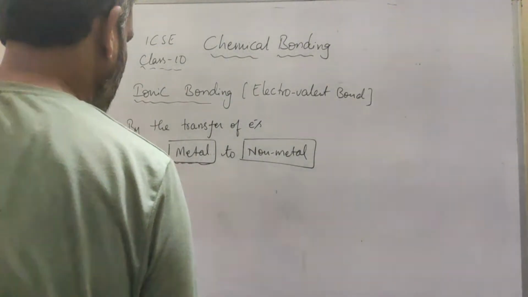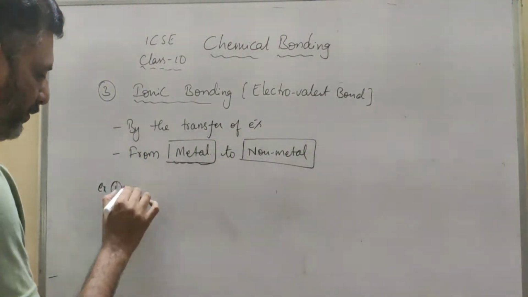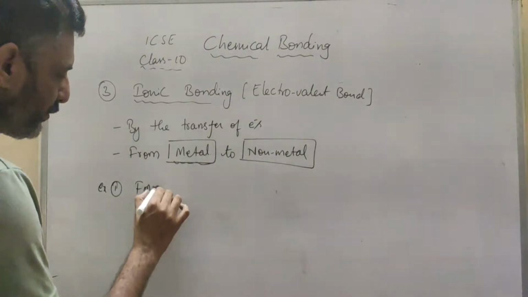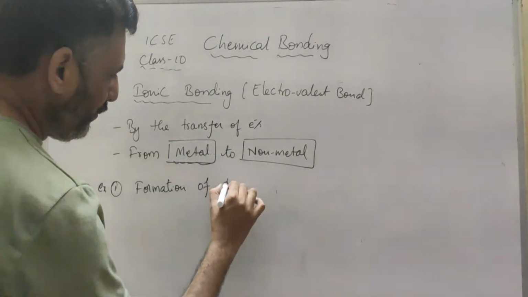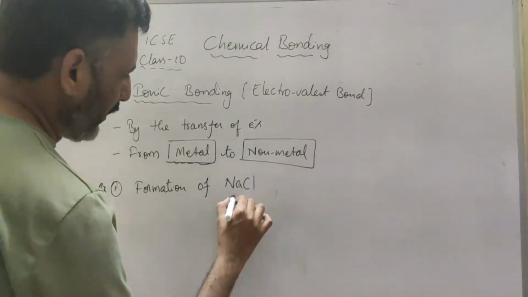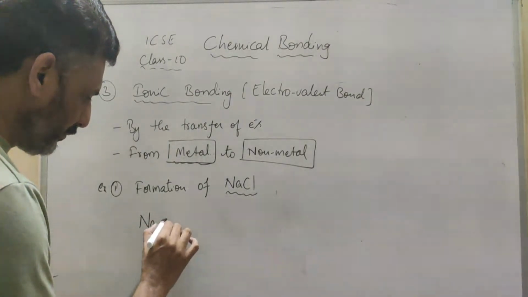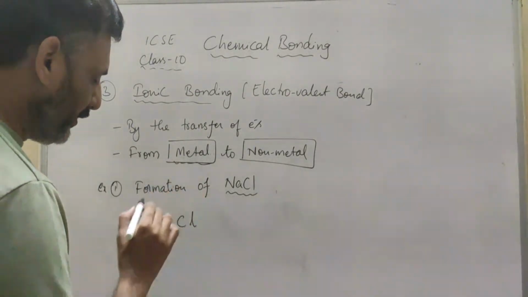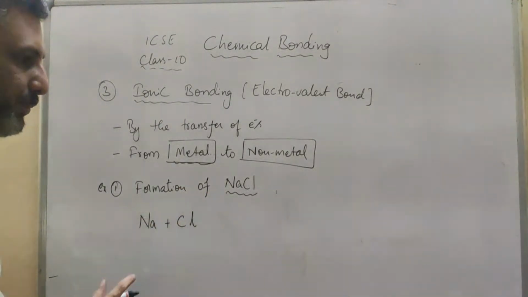So let's see one example. Example 1, formation of sodium chloride, that is NaCl. One atom of sodium and one atom of chlorine will take part in the formation of 1 unit of sodium chloride.